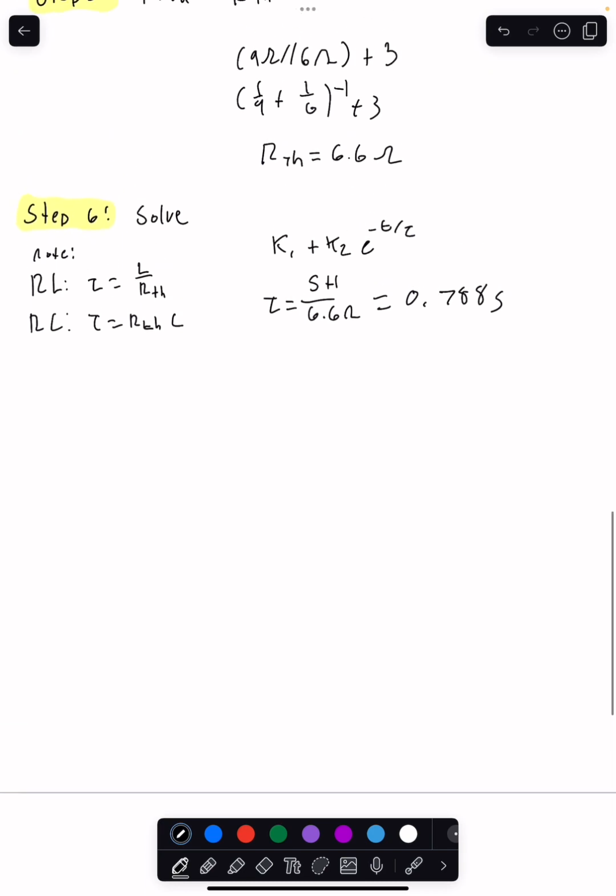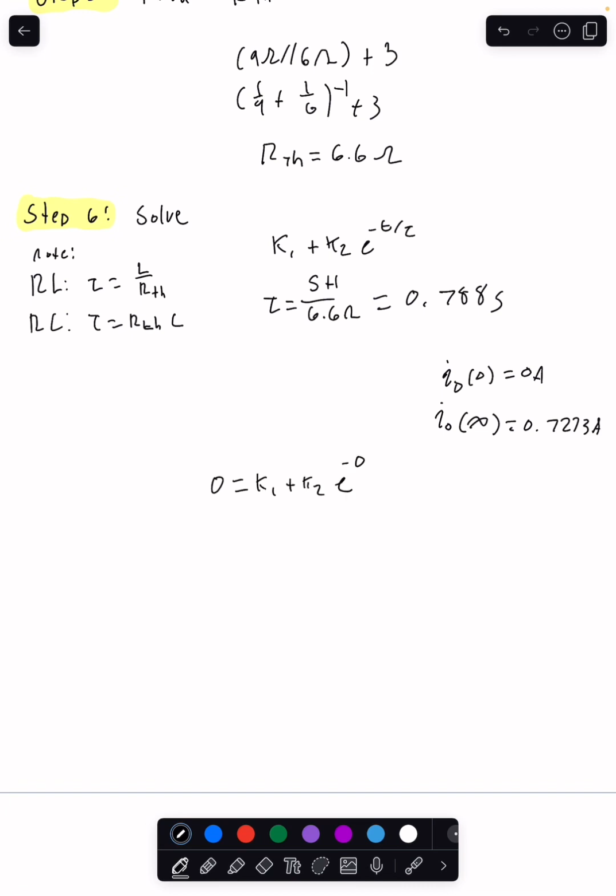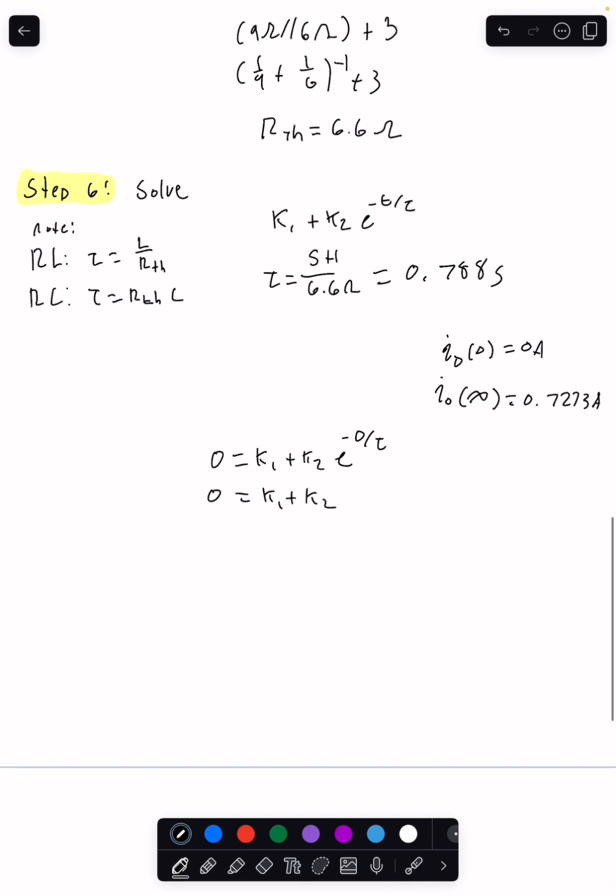Okay, now we have to use our initial conditions that we found. So we know that I naught of 0 is 0 amps, and we know that I naught of infinity is 0.7273 amps. So we use these to solve the equation. When I naught of 0 equals 0, we have 0 equals K1 plus K2 e to the negative 0 over tau, or in other words, 0 equals K1 plus K2.